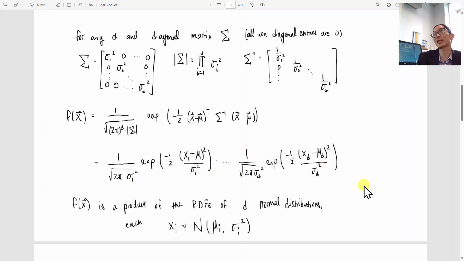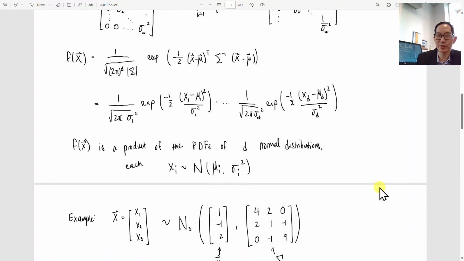And so this plays a role later on, when we'll have what we call the naive Bayes classifier. In the naive Bayes classifier, we assume all of our predictors are independent, and so we can take advantage of this property. It's just a product of the PDFs of normal distributions.